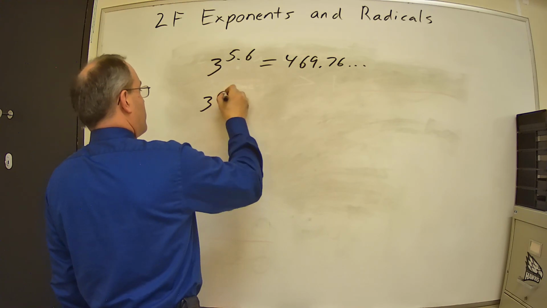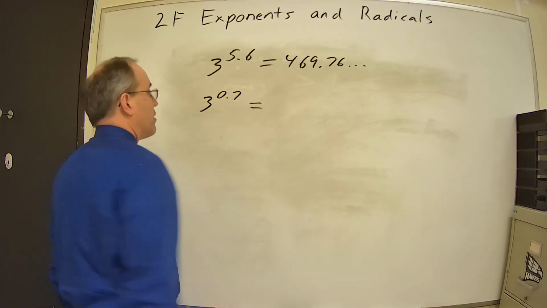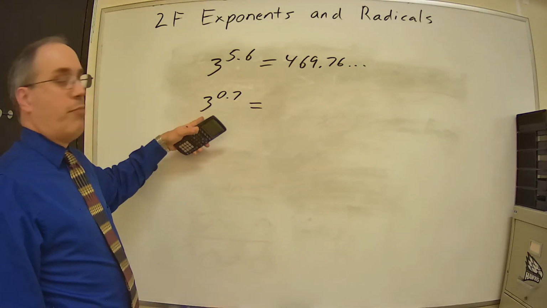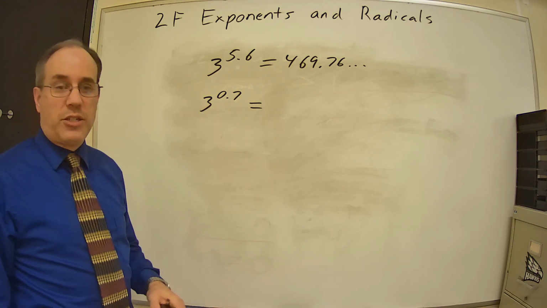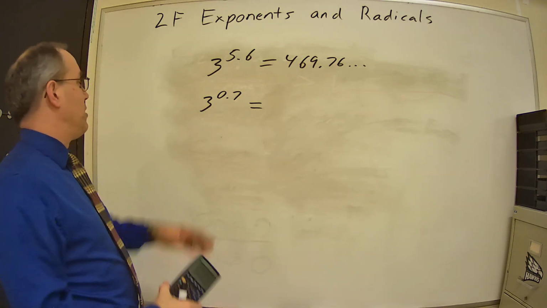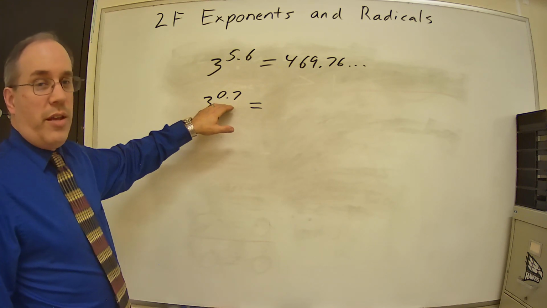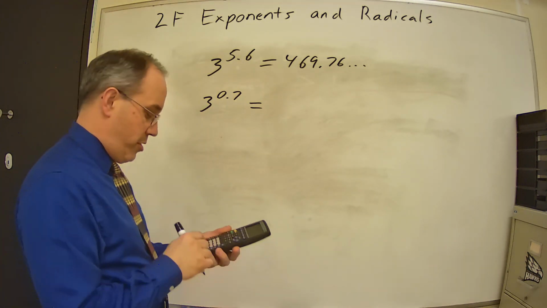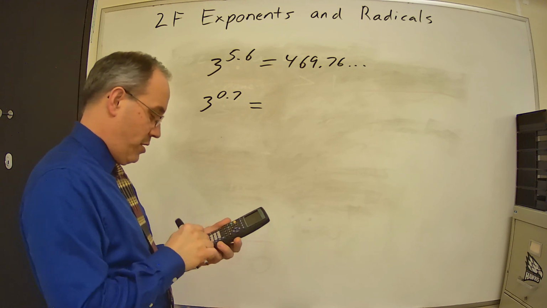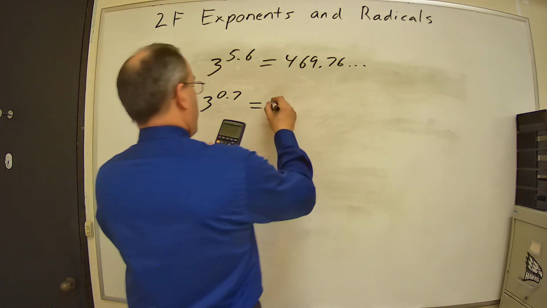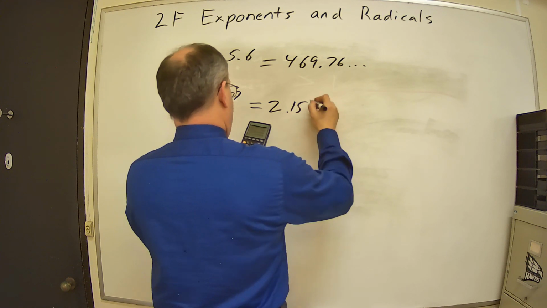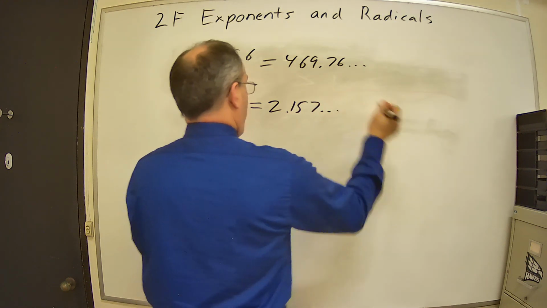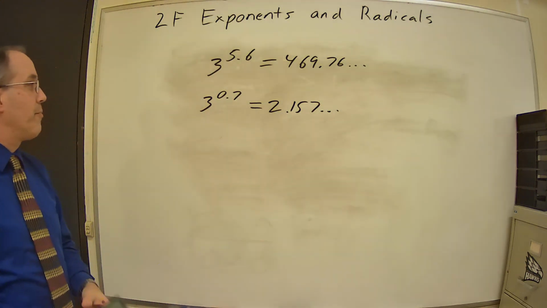3 to the 0.7. The base is a whole number. The exponent is less than 1. Therefore, we should get a number smaller than 3. So 3 to the 0.7 gives us 2.157, doing whatever it does.